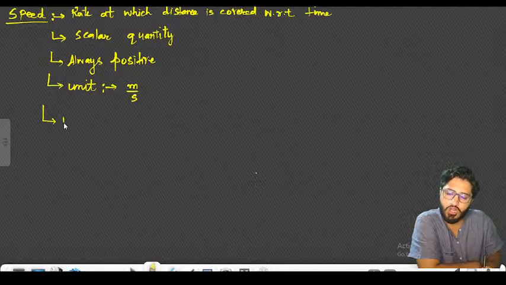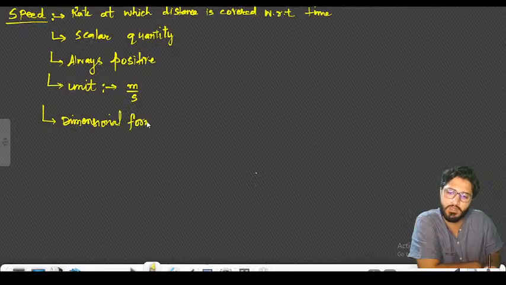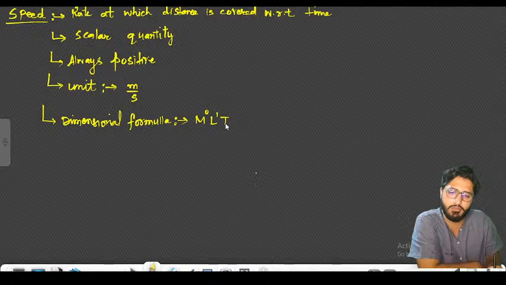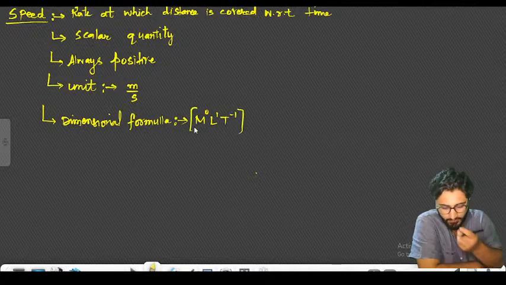And if we talk about dimensional formula, the dimensional formula of speed would be, there is no involvement of mass, so M0. Involvement of length, is there any? Yes, that is meters. There is L1, and there will be T minus 1. That is the dimensional formula of speed.